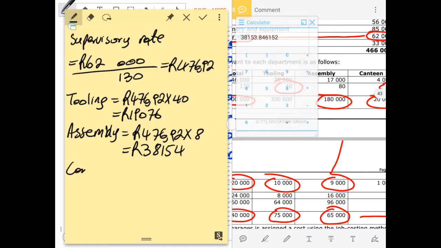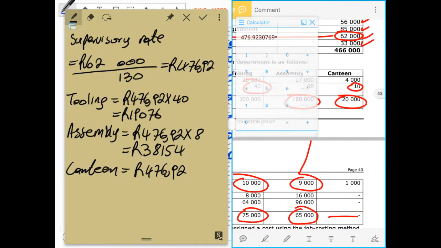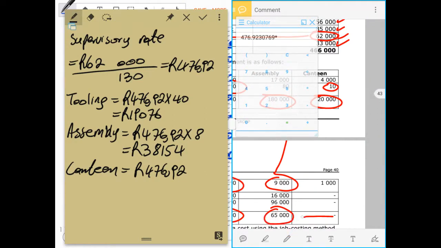Then in the canteen department we apply the same rate of 476.92. Then I multiply by the number of employees in the canteen department, and the number of employees in the canteen department is 10 employees.